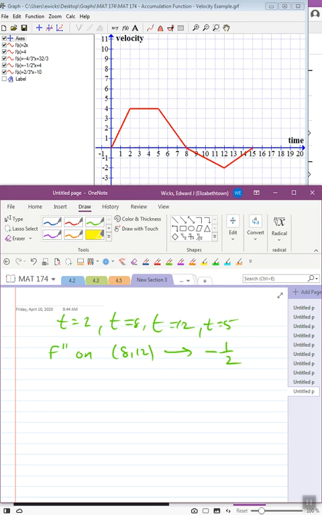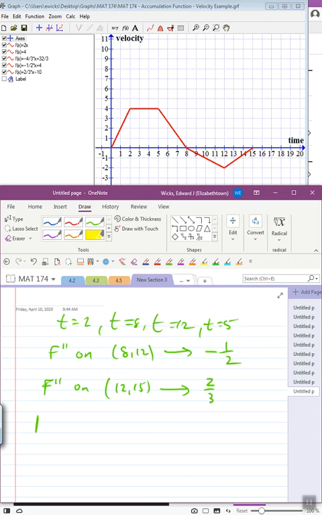It's over 4 down 2. That definitely sounds like negative 1/2. What's f double prime on 12 to 15? Agreed.